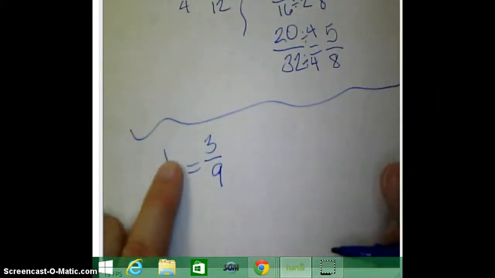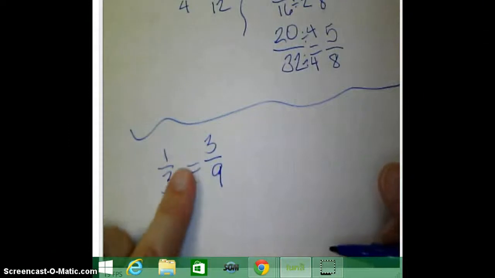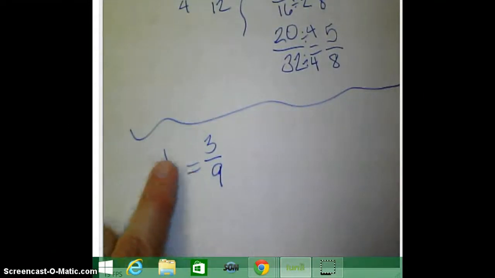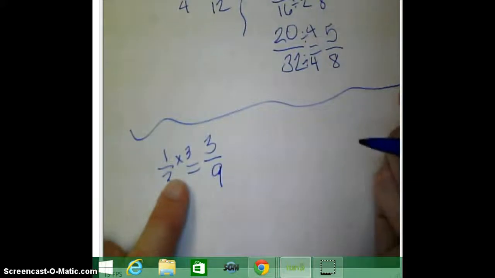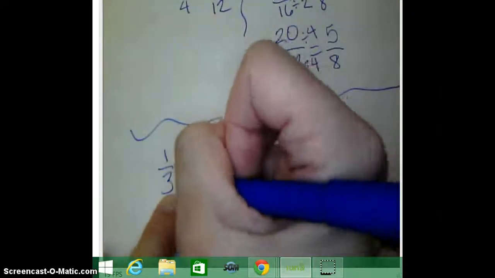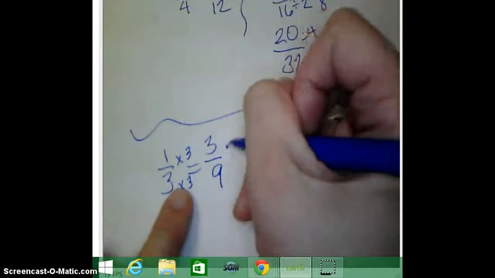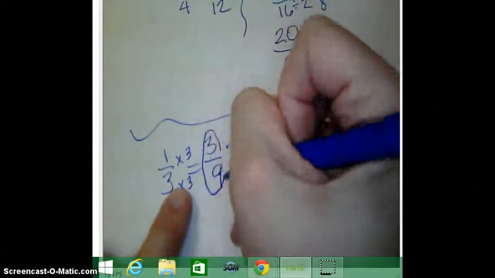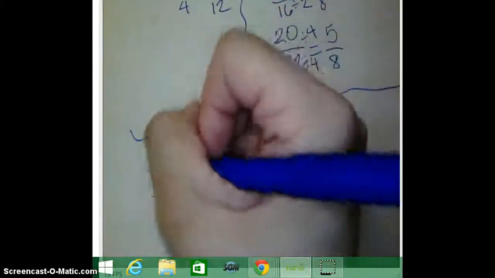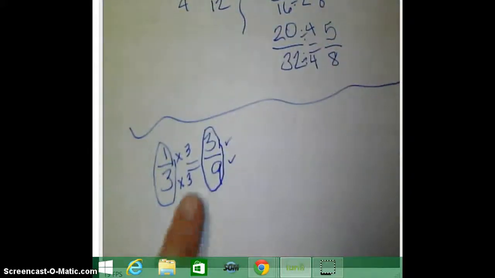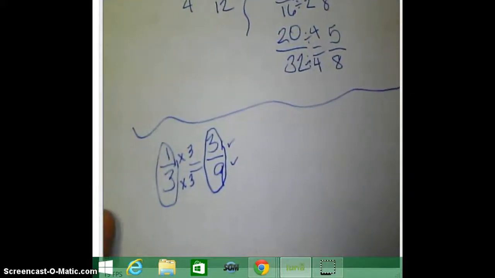I know in order to get from 1 to 3, and remember it has to be multiplication or division, and it's going up, so it's multiplication. 1 times 3 equals 3, and then I have to do the same. 3 times 3 is 9. Oh, yes, they both work, so therefore this is equivalent to this, or equal. Equivalent is another name for the word equal.